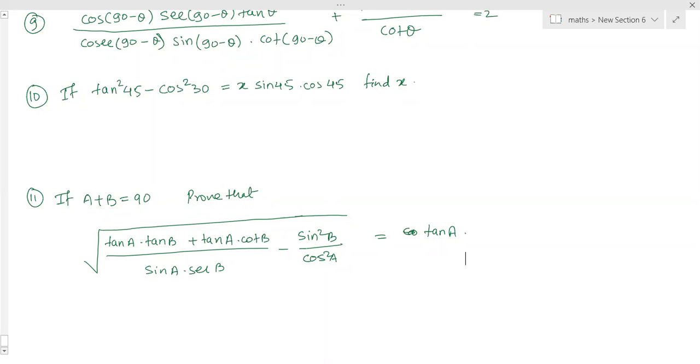Ma'am, in the 11th one, I'm getting sine B by cos A. Don't use B. Convert B into 90 minus A. Oh, okay, yeah, ma'am.